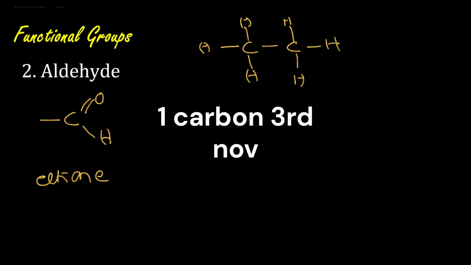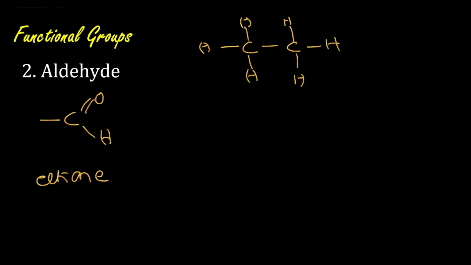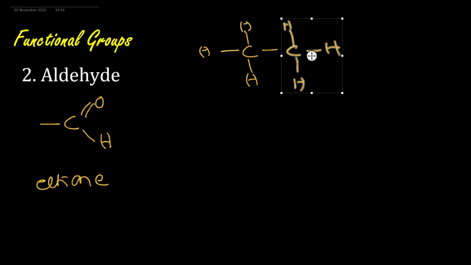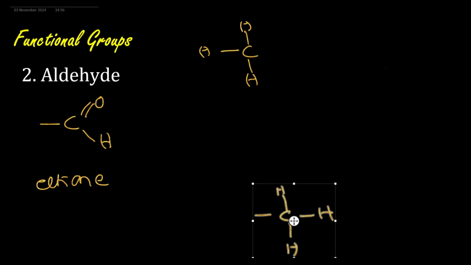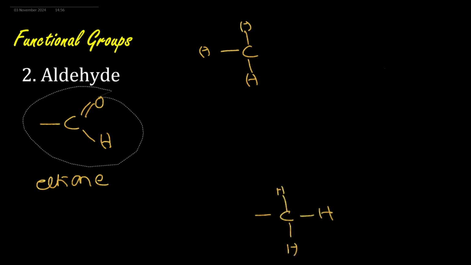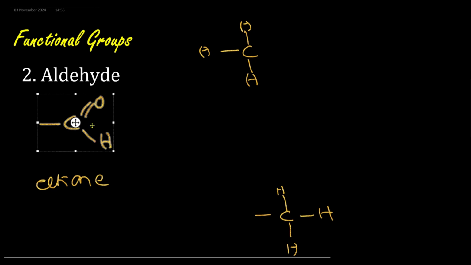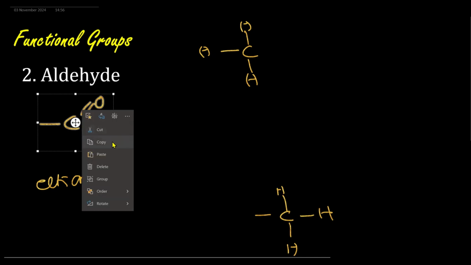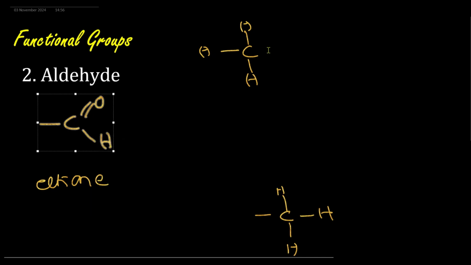Now, as I said, this carbon includes the carbon present in the carbon chain, so we are going to displace this whole thing, and we are going to attach the aldehyde functional group. So this is the functional group here. Let's say I take its copy and attach it over here.